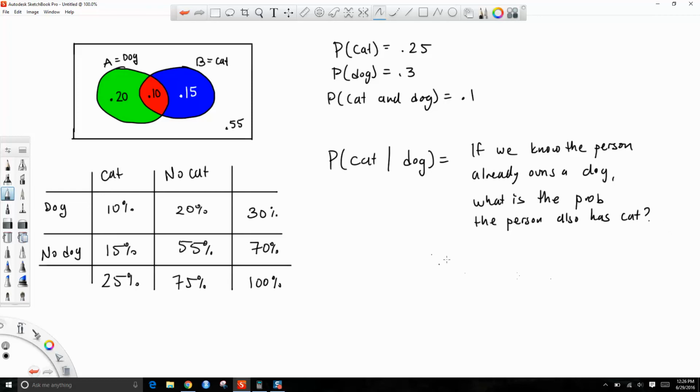Okay, and so this is going to be the probability of having a cat and a dog, so 0.1, if we know the person already has a dog, divided by 0.3. So this becomes 0.333. This is different from this.